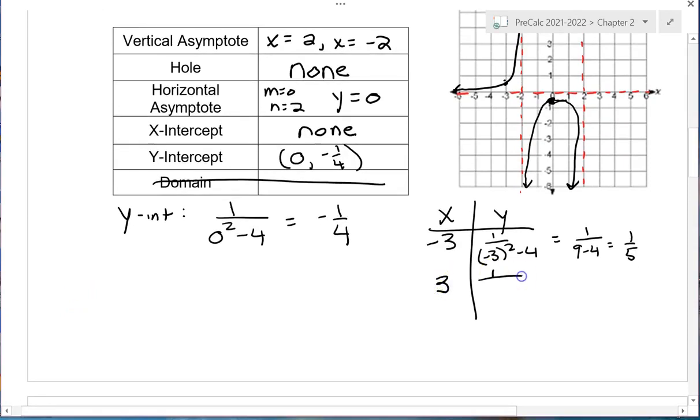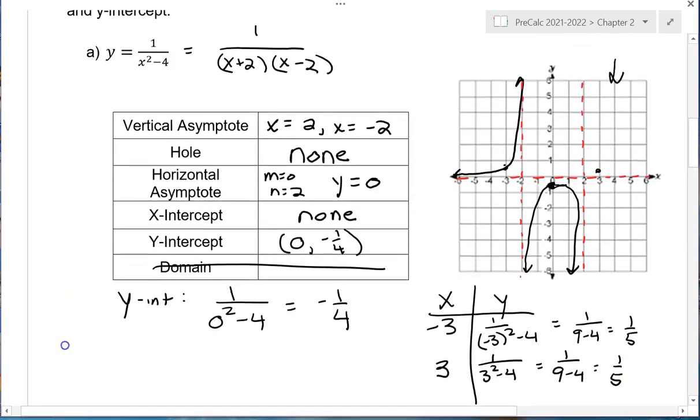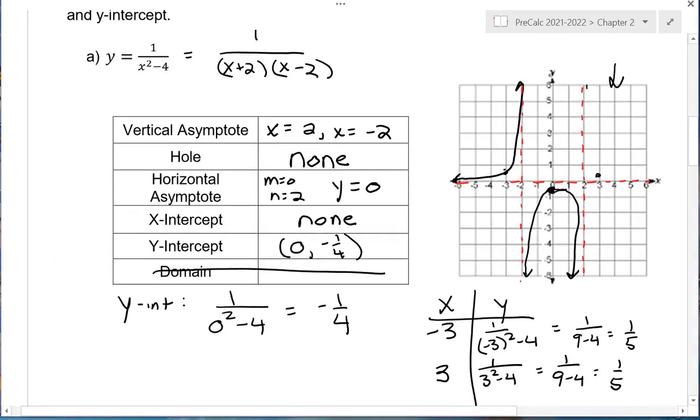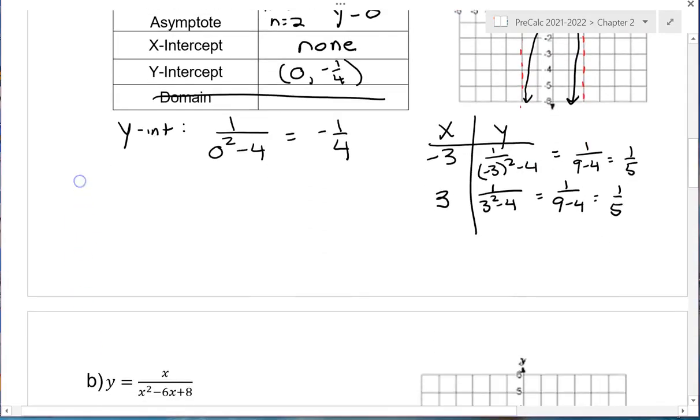So I have 1 over 3 squared minus 4, which gives me 1 over 9 minus 4. I get another 1/5. But this time I'm at 3, 1/5. So right about there. Snug to the asymptote. Go through the point you plotted and then head towards the asymptote. And try to make these curves as smooth as you can.